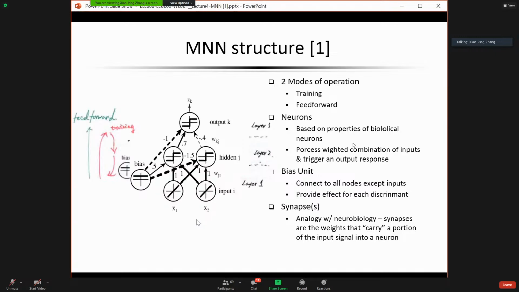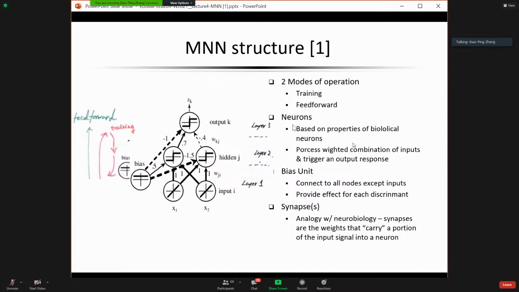Another thing particular to this network is that the computation always goes forward. There's no feedback. It's called feed-forward. But the training is oftentimes backward, because first we feed forward and get a result, then using the result, we go backward to train our network. We'll get there shortly.